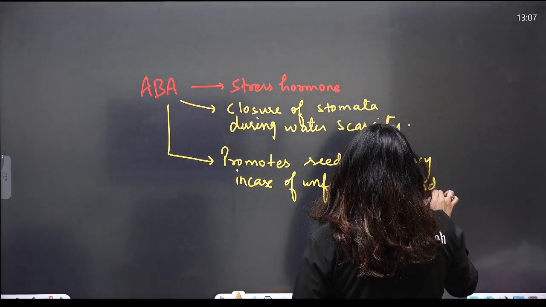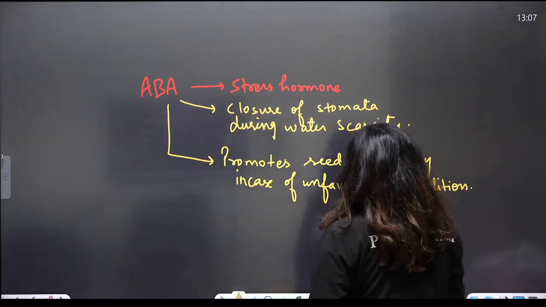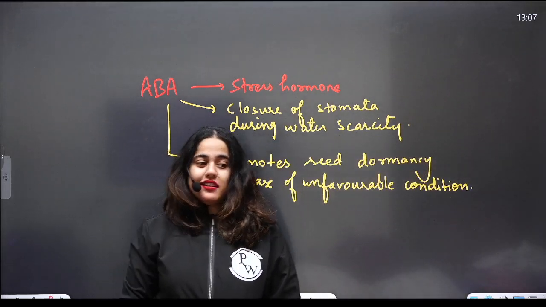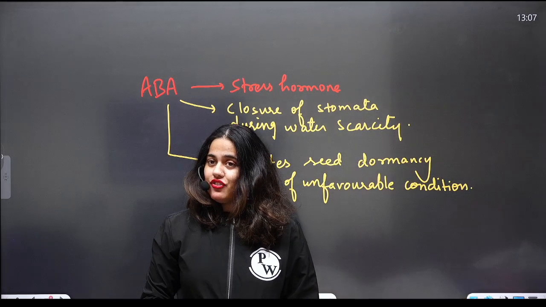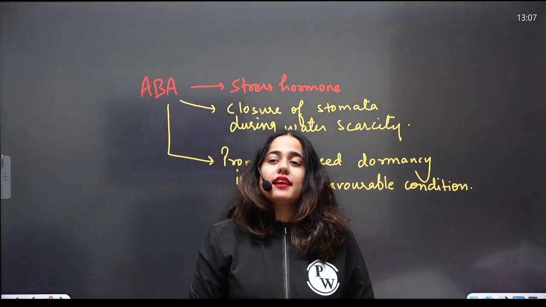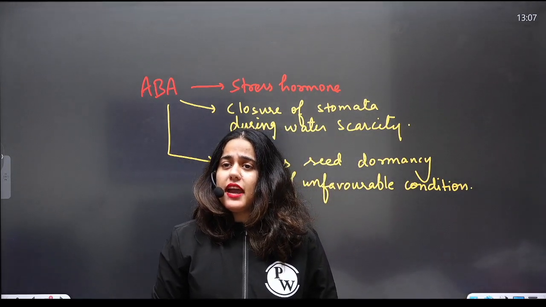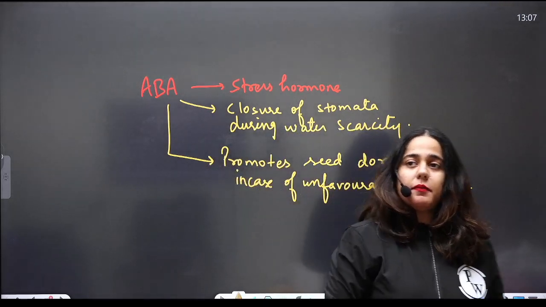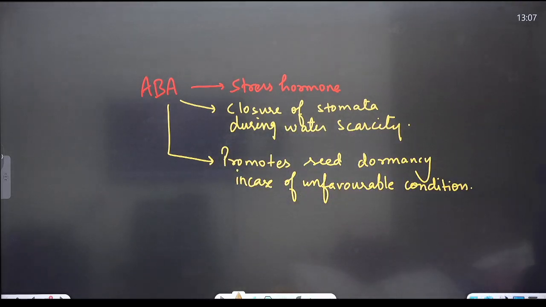Whenever there is an unfavorable condition, it makes sure that the seed won't germinate until it gets favorable conditions. So it promotes seed dormancy. That's why ABA is known as the stress hormone.